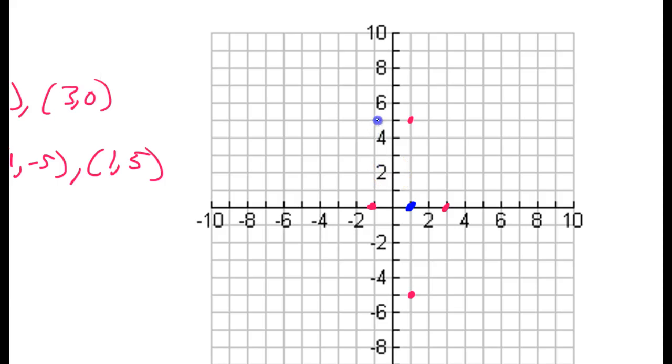Now, the vertices and the covertices define a rectangle. So I will go ahead and draw this rectangle as a dotted line. Okay, the diagonals of this rectangle will be the asymptotes. So if I go to the corner, this is up 5 over 2.